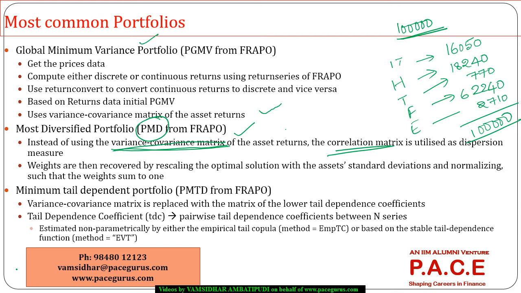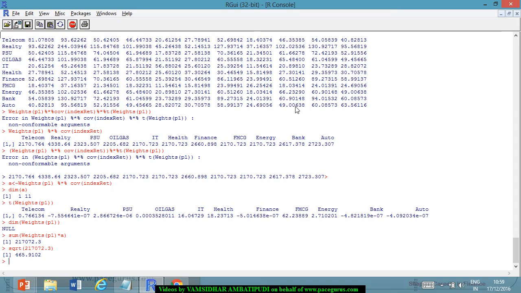When it is using the correlation matrix, the individual standard deviations are not taken as inputs. This is where there is a possibility of the most diversified portfolio coming up.